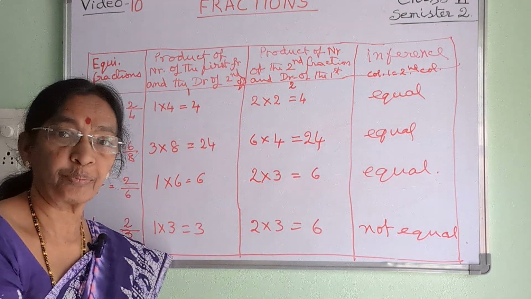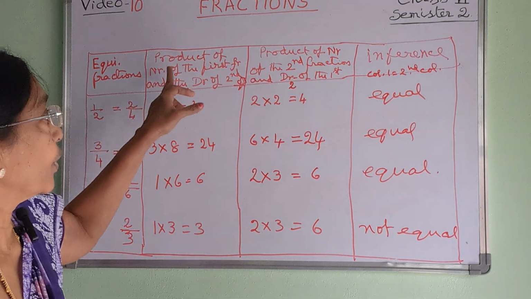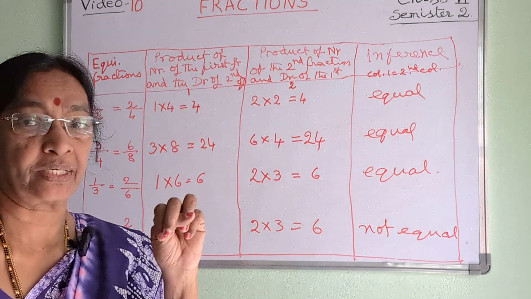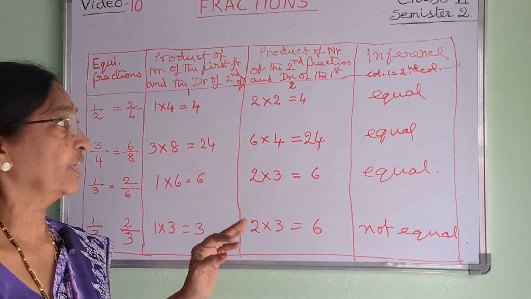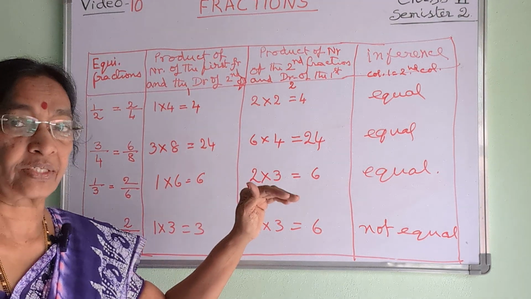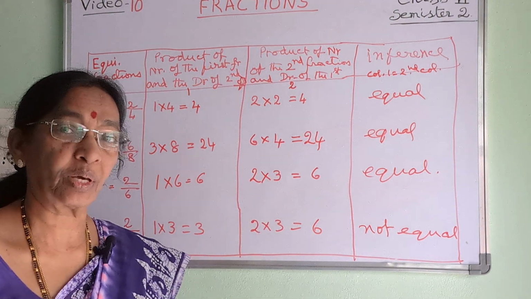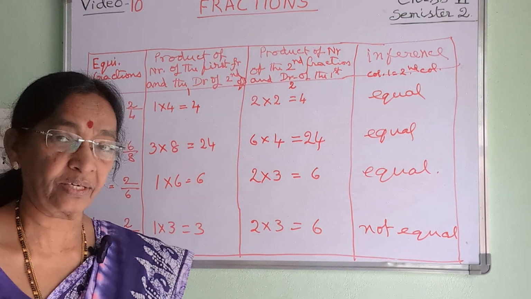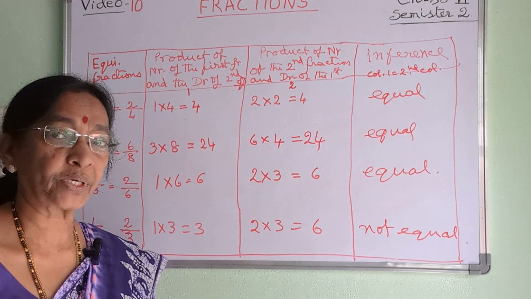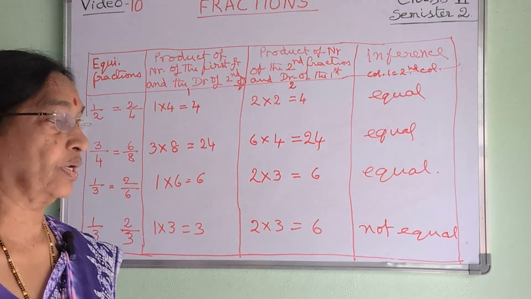Thus, we can come to a conclusion that for a set of equivalent fractions, the product of the numerator of the first fraction and the denominator of the second fraction is equal to the product of the numerator of the second fraction and the denominator of the first fraction. These two products are equal.